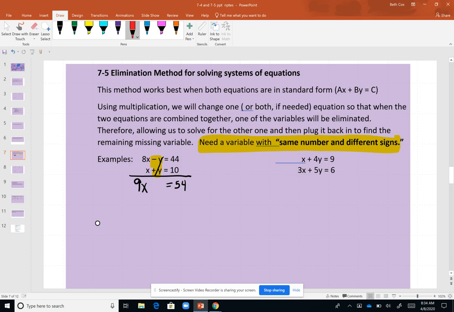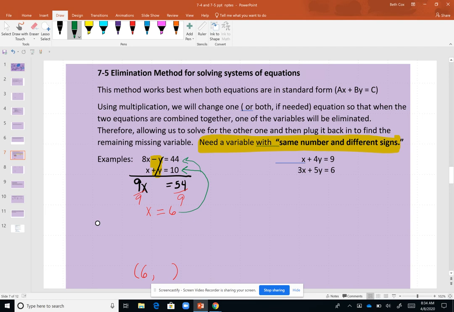I can simply solve this by dividing by 9, and I have x is equal to 6. Now, remember, our answer is an ordered pair, and for this one, 6 is my first number. But I don't know the second number, so I have to do a substitution. I'm going to take the 6 and put it right there. I picked that one because I felt it was the easier of the two.